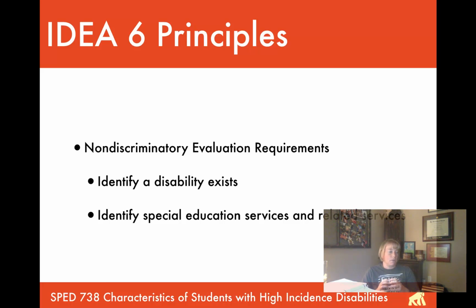Or for example, Josie, since she's nonverbal and signs, the appropriate evaluation tools have to be selected for her to really allow her to demonstrate her knowledge. And then that allows us to identify if a disability exists. Typically, that non-discriminatory evaluation is going to be a range of tools. It's not going to be one test. We don't use one test to identify if there's a disability.